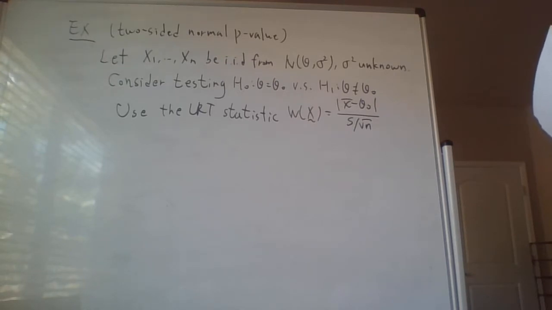And we consider testing theta equal to theta 0 versus theta not equal to theta 0. So it is the two-sided test. And we use the likelihood ratio test statistic: absolute value of x bar minus theta 0 divided by the sample standard deviation divided by square root of n.